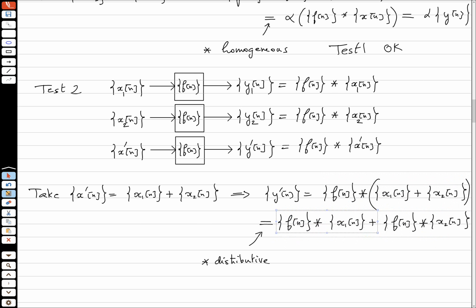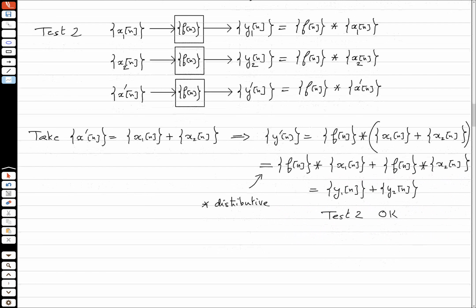But that, what do you recognize? So test 2 works. So the system is linear and time invariant.